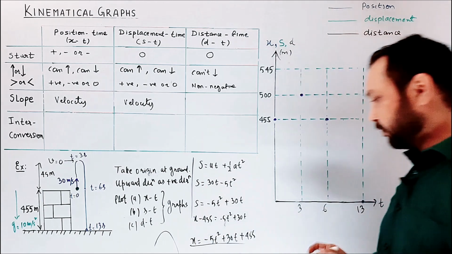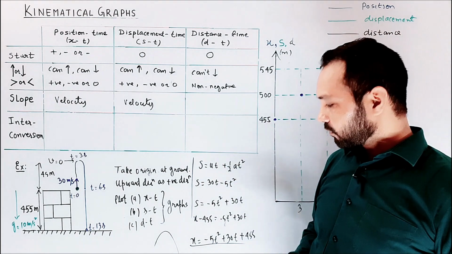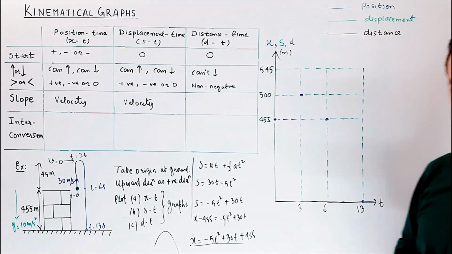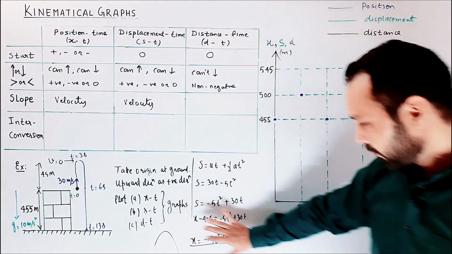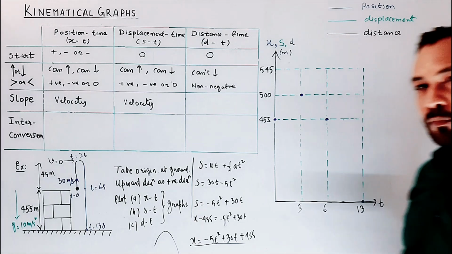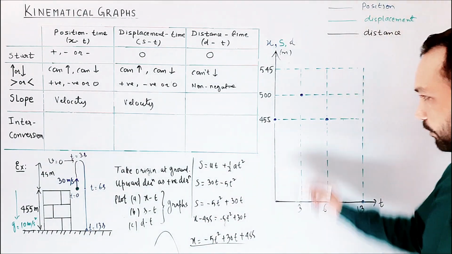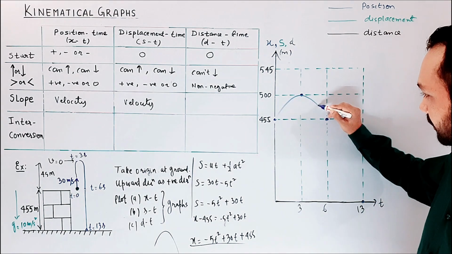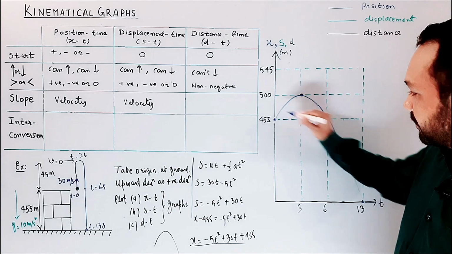I need not be that mathematically accurate; some physics and a little bit of maths, their combination will get our job done. So this is all from the physics, and even if I do not solve this from these points, I can plot a smooth curve, and the maths will tell that the smooth curve will be a parabola. So the position time graph will be something like this. So this is our position time graph done.